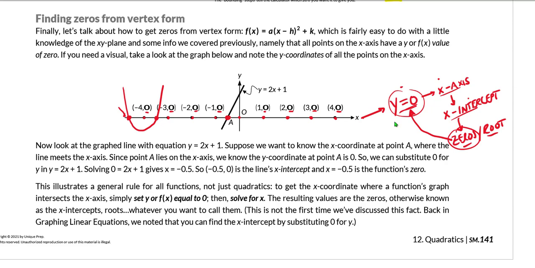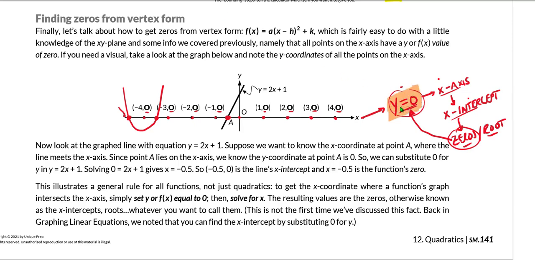We went over all of that on the second or third page of this section in a previous part of the quadratics videos. So what do we do when we want to find the x value where a certain function hits the x-axis? What we do is we throw in y equals 0. That's the simple way to think about this.